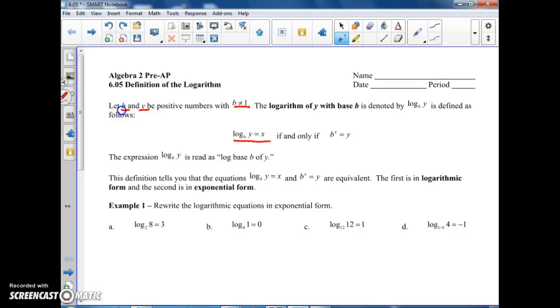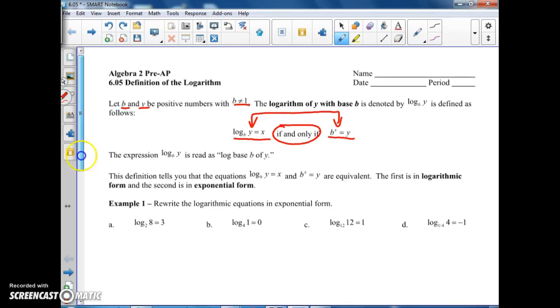We read this as log base b of y, and it equals x. That's true if and only if b to the x power is y. This is exponential, and this is logarithmic. We're able to go back and forth with these two equations, these two functions, and that is what you're going to learn how to do.